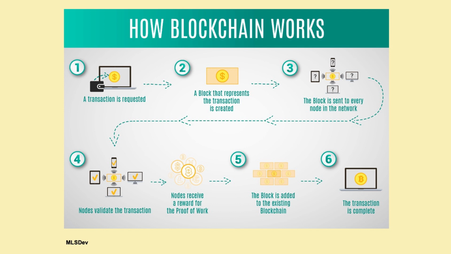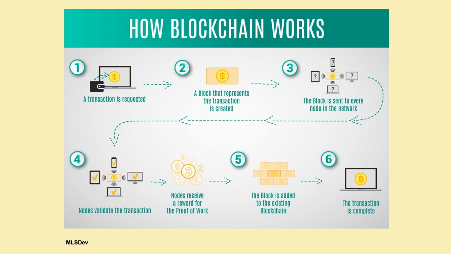Now, what happens after that is that the nodes then run the software and validate the transaction. So remember, these transactions are encrypted. So, in the case of cryptocurrency, that's why it's called cryptocurrency, because they're actually encrypted, and you need to run cryptographic software to be able to decode that the information is valid. So the nodes run that software.